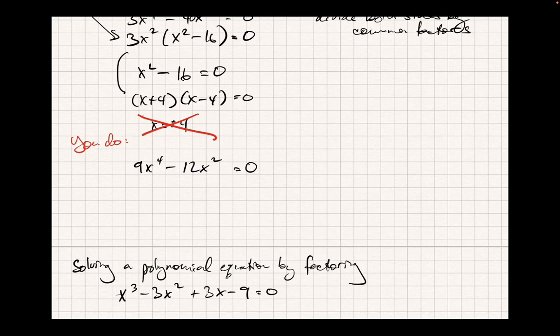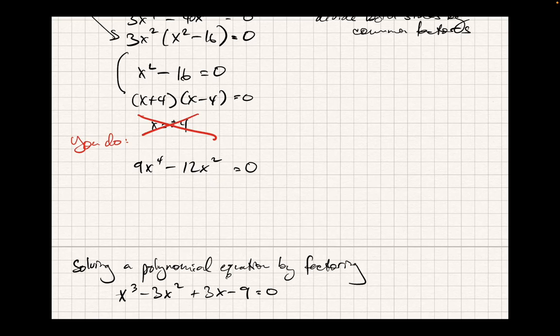You don't have to take the square roots of any of these coefficients. Let's just factor out and then use our other steps. First of all, write it in standard form if it's not. Factor out common factors, zero product property, and see where we get.